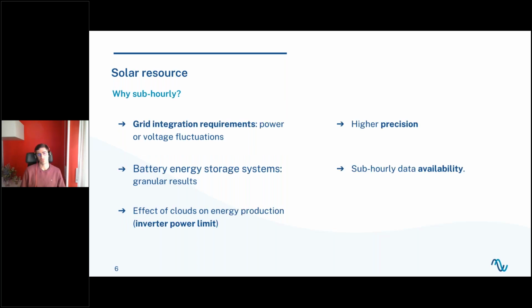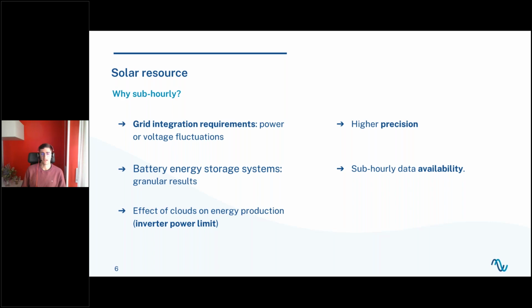But why sub-hourly? Well, as we know, in the past, for the simulations carried out to calculate the PV energy yield of a PV plant, hourly data has been the main data that we have been using. But nowadays, as more and more PV is being integrated into the grid, we are getting more restrictive requirements from grid operators, for example.